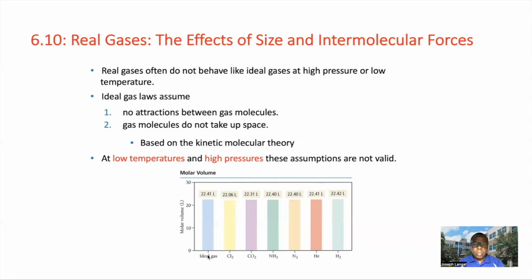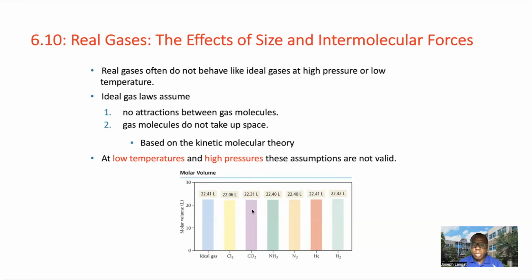Look at the ideal gas. An ideal gas at STP occupies 22.41 liters. Remember, we are talking about 1 mole of ideal gas. But these are real gases: chlorine gas, carbon dioxide gas, ammonia gas, nitrogen gas, helium gas, and hydrogen gas. If you look at this, they deviate from the ideal.